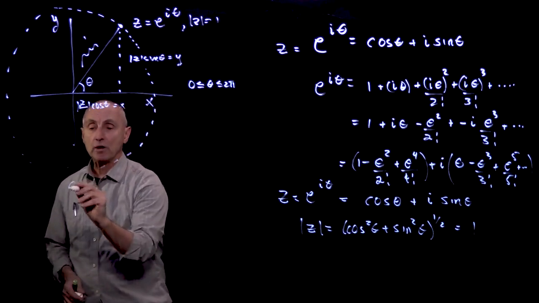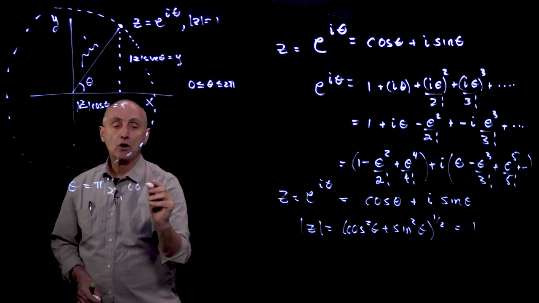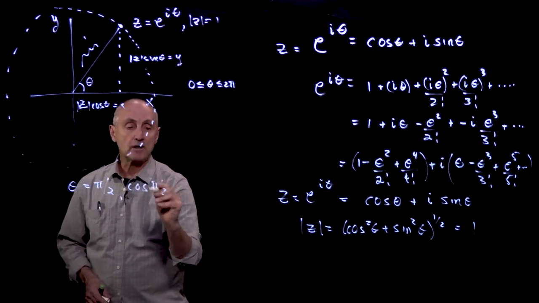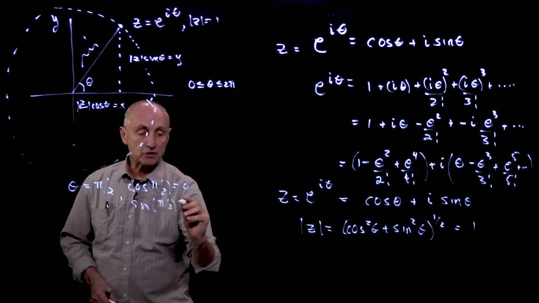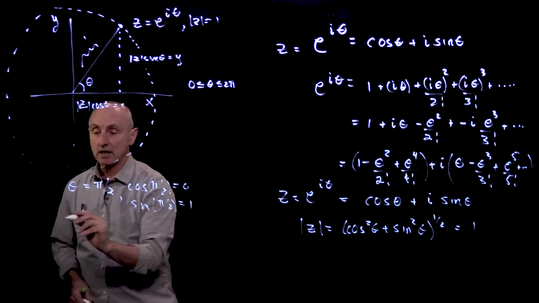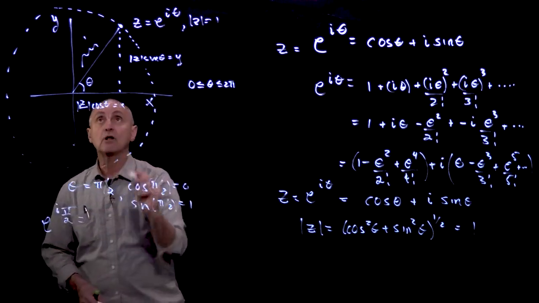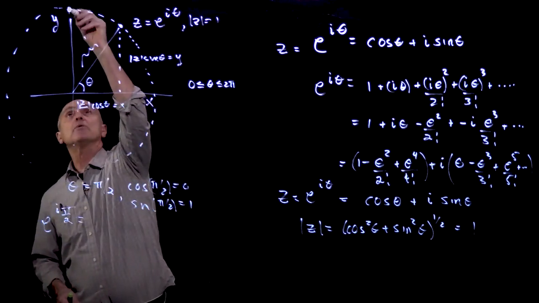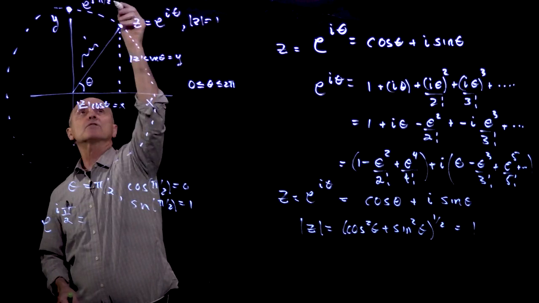Now, there's some very interesting things to notice here. First off, when theta equals pi over 2, cosine of pi over 2 is 0. Sine of pi over 2 is 1. And so e to the i pi over 2, well, you can see it would lie on the vertical axis.